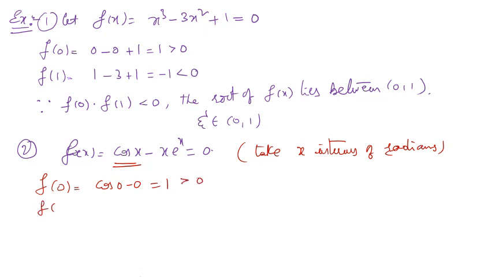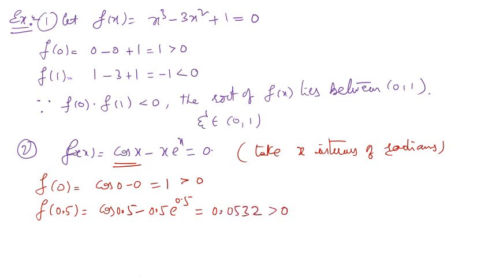And f of 1 radian is cos 1 minus 1 into e. Let me consider 0.5 for example. Since we are getting positive and negative, if I minimize the length of the interval, that is better. Cos 0.5 minus 0.5 into e to the power of 0.5, and this value is 0.0532.